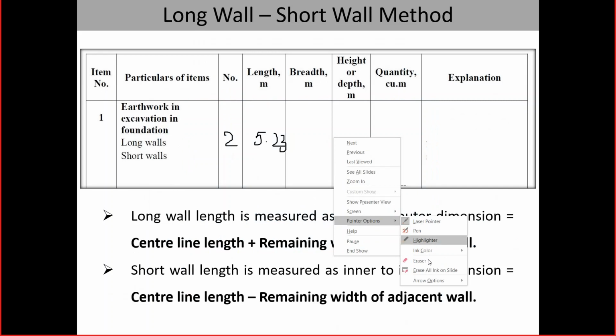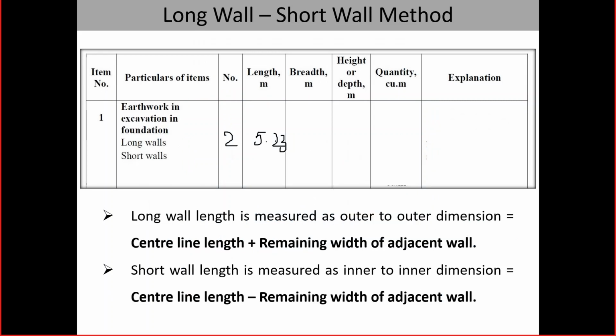So if I come back here, there are two walls of length 5.23 and I need to do the excavation for a width of 2 meters and a depth of also 2 meters. Total quantity is equal to 2 into 5.23 into 2 into 2.